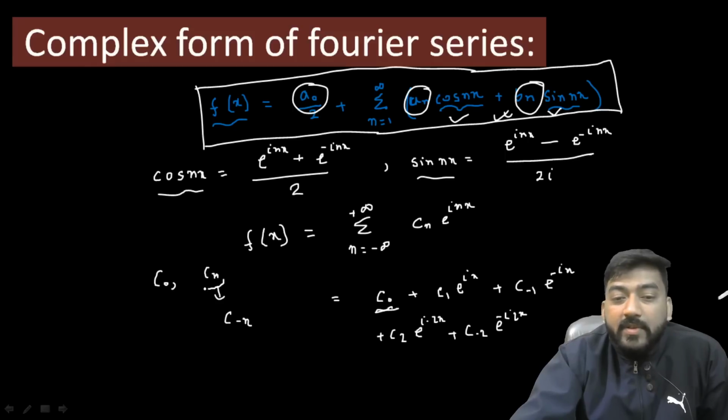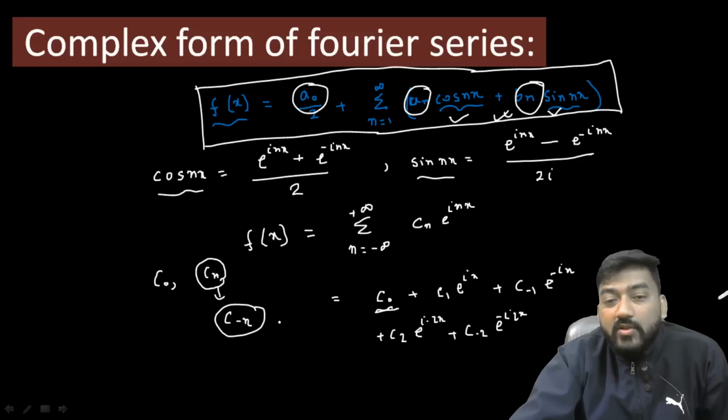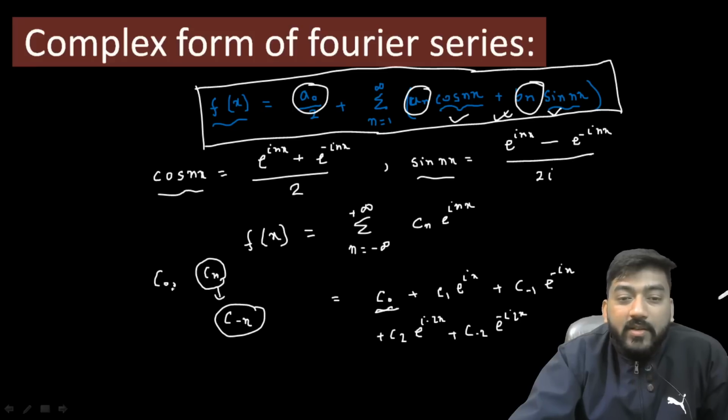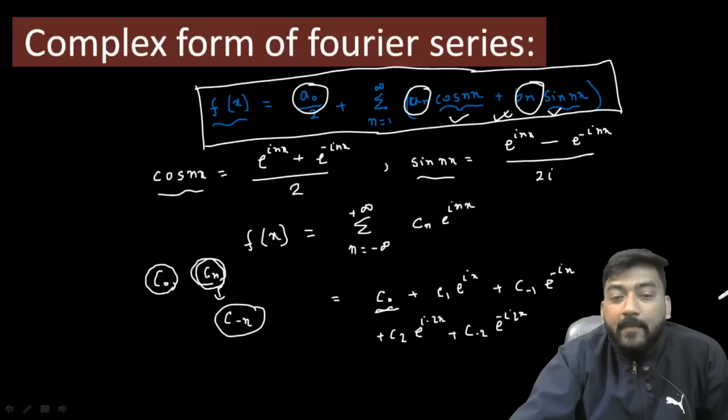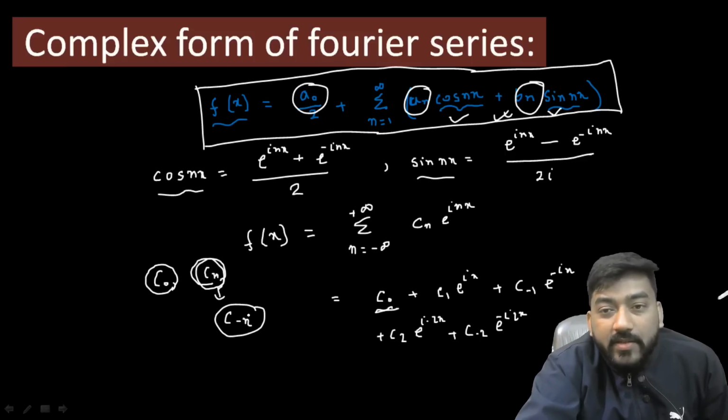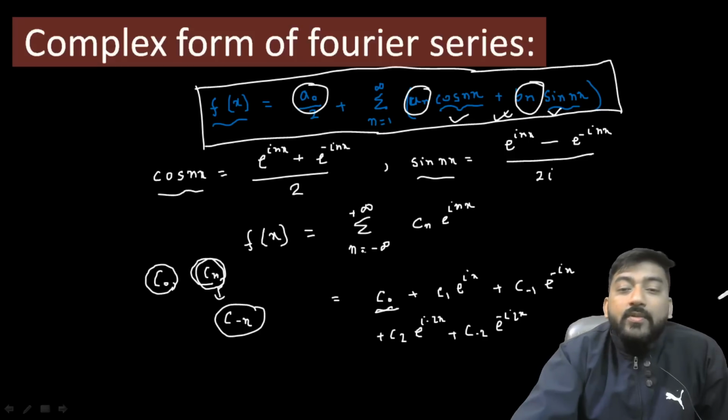So in the expression of cn, if we put minus n instead of n, then we will get the expression of c minus n also. So no need to find out c minus n separately. First we will find out c0, and then we will find out cn. Okay, so it will automatically tell you the expression of c minus n. Then if you put the value here, you will get the Fourier series in exponential form.